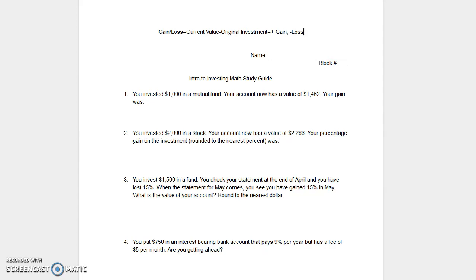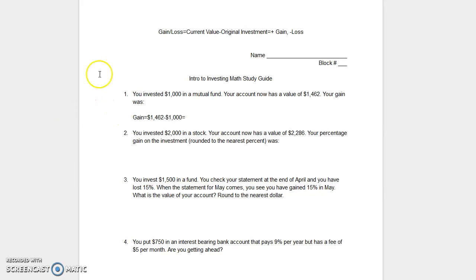You invested $1,000 in a mutual fund. Your account now has a value of $1,462. Your gain was... So they're already telling us we know it's going to be a positive number, or a gain. So let's go ahead and calculate our gain by starting with our current value, $1,462, and then we are going to subtract our original investment of $1,000.